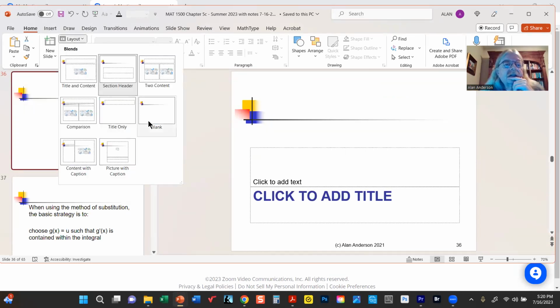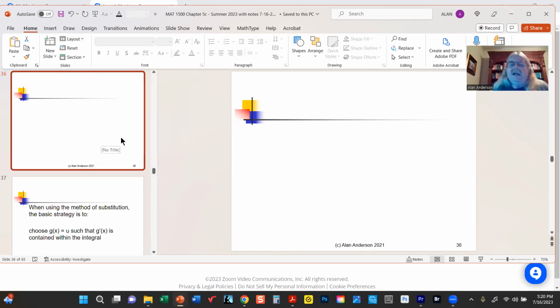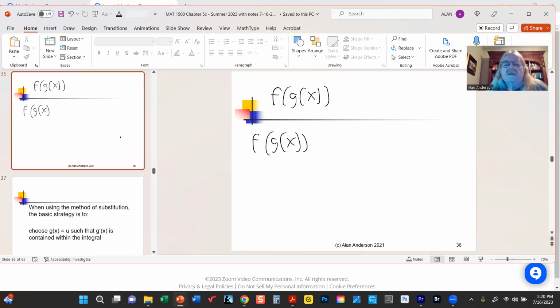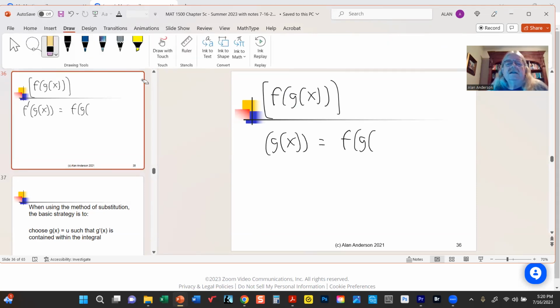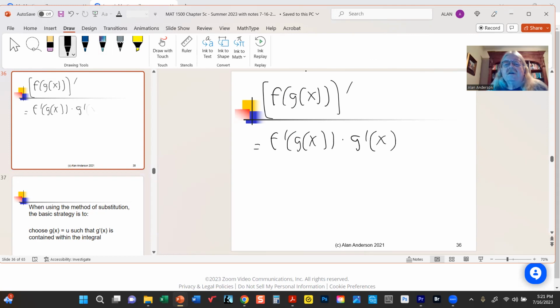That tells us that if we have a composite function, f of g of x, the derivative of this composite function is written as f prime of g of x times g prime of x. All right. This is the chain rule.